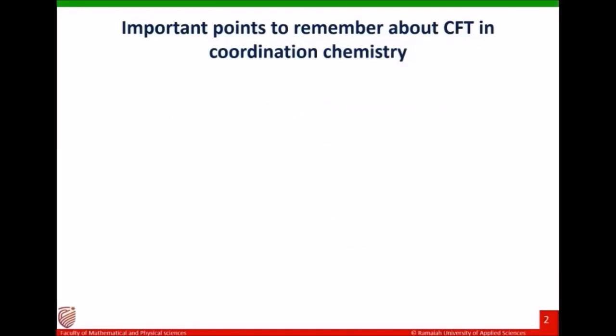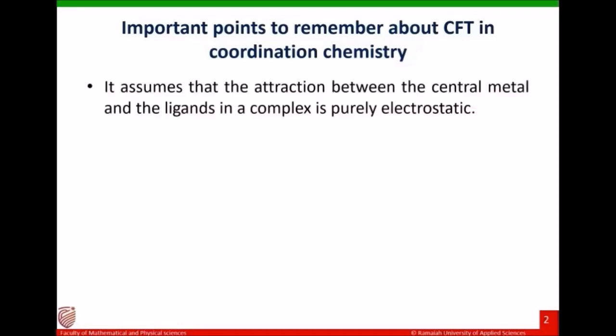All of you studied crystal field theory in your PUC. So before starting my class, I would like to bring up those points you studied in your PUC. In a coordination complex, the central metal atom or ion is present along with the ligands. It assumes that the attraction between the central metal and the ligands in a complex is purely electrostatic.